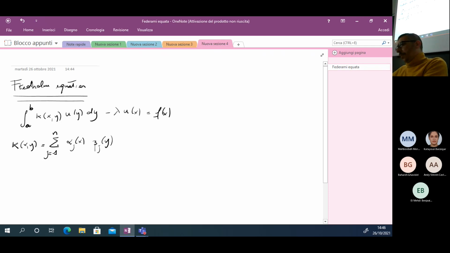So I'm interested in problems where I can write the kernel in this way. Kernels of this kind are called separable.